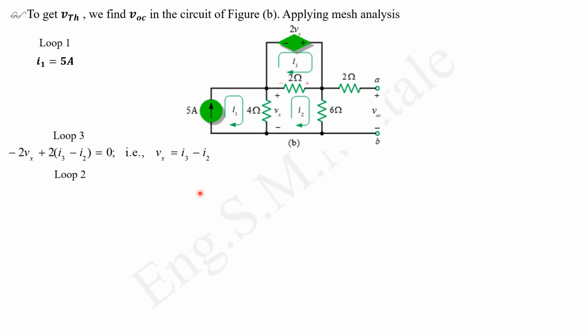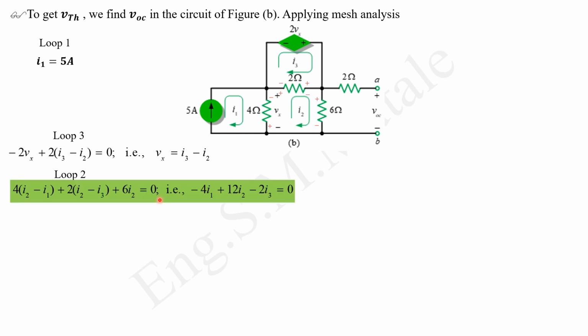When you go to loop 2, which is this one here, you assign polarities and you do our mesh analysis. We are having that. So we are having this as our equation.